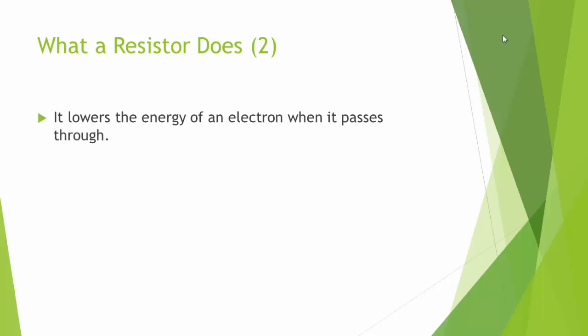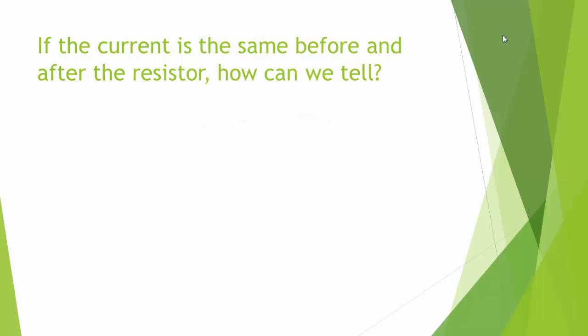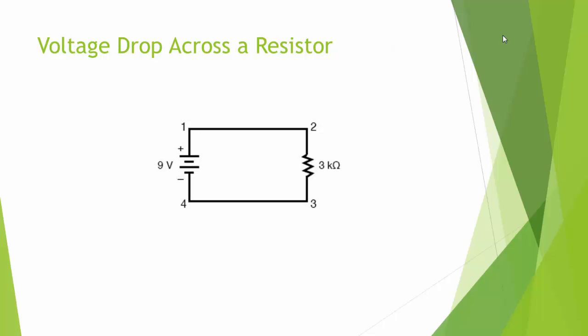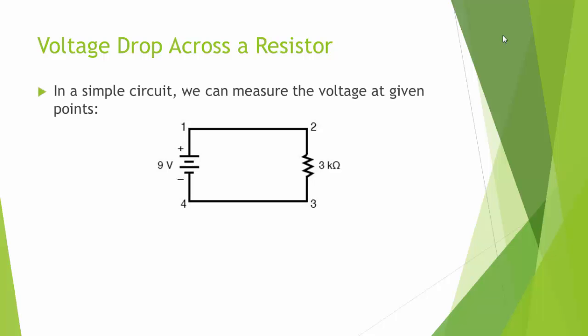So a resistor lowers the energy of an electron as it passes through. And you'd ask yourself, okay, well, wait, how can we tell the energy is lower? And the answer comes in this concept of measuring voltage at given points in a circuit.